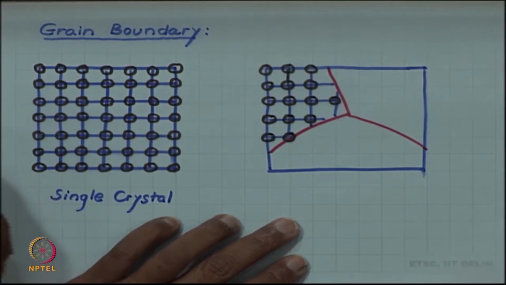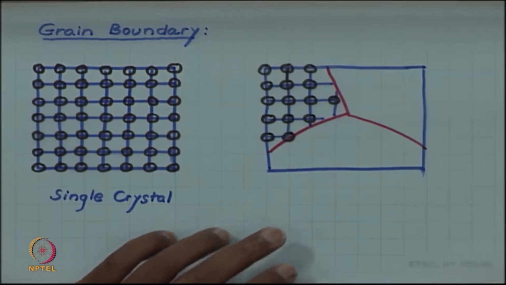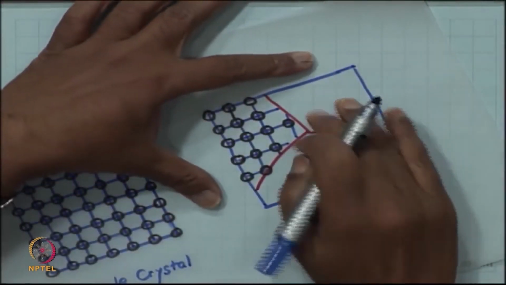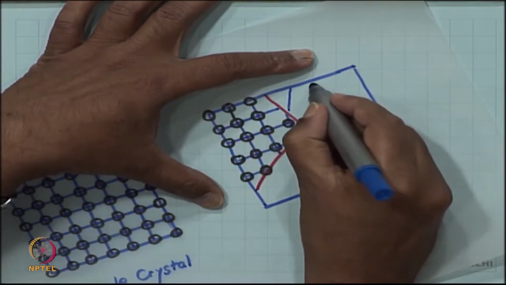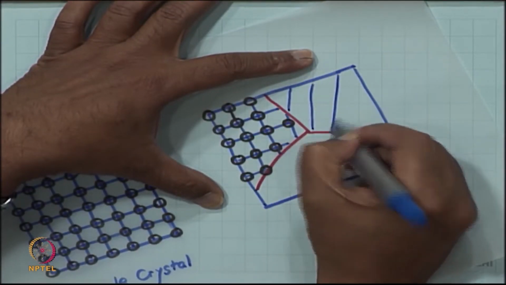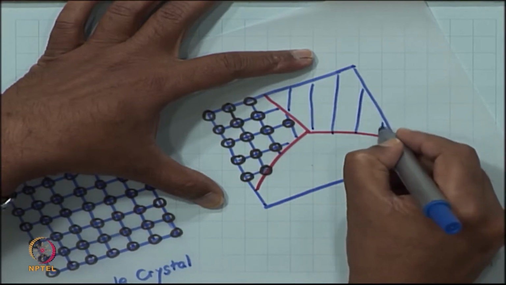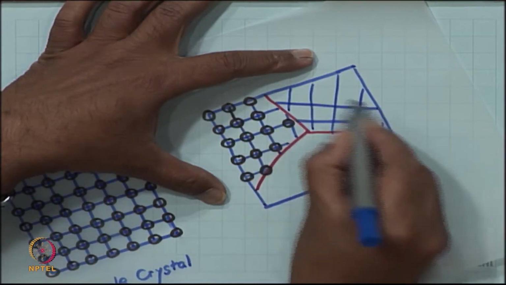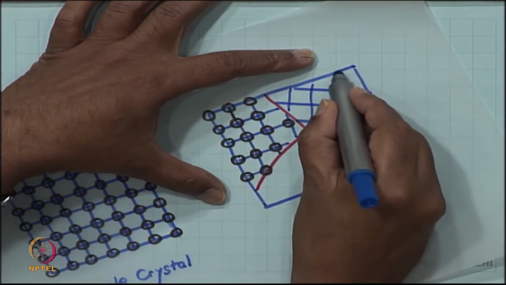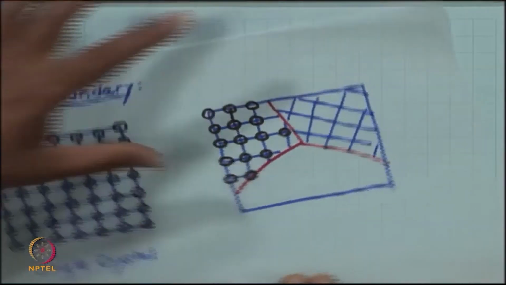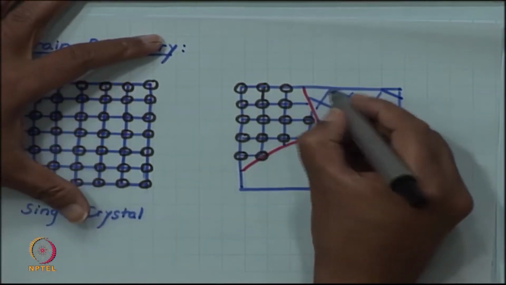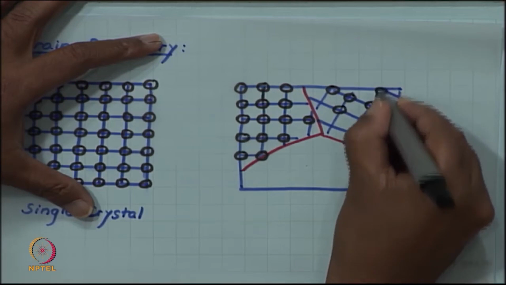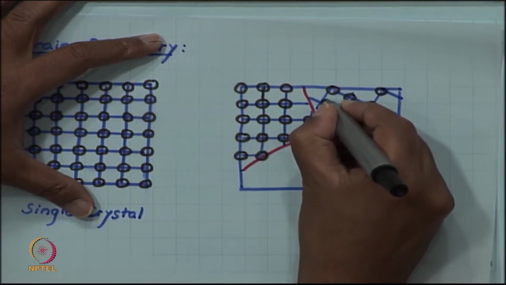On the other side, I will draw the same crystal, but in a slightly different orientation. So, now I change the orientation, and so this is also the same square crystal, let us say in 2D, or a cubic crystal in 3D.